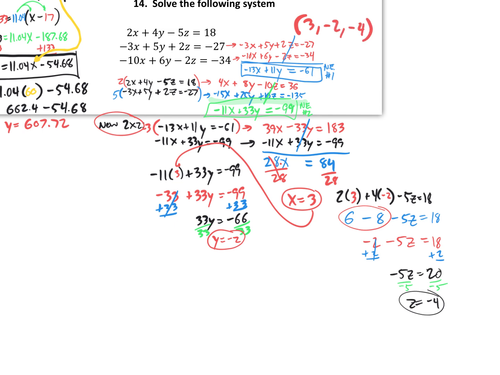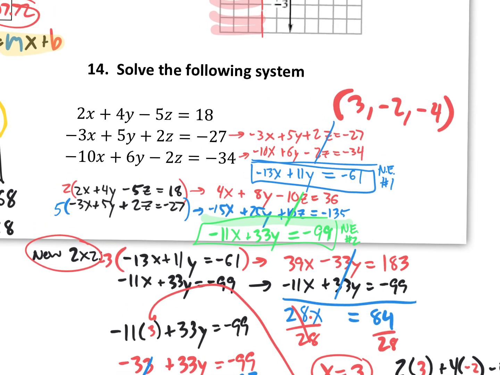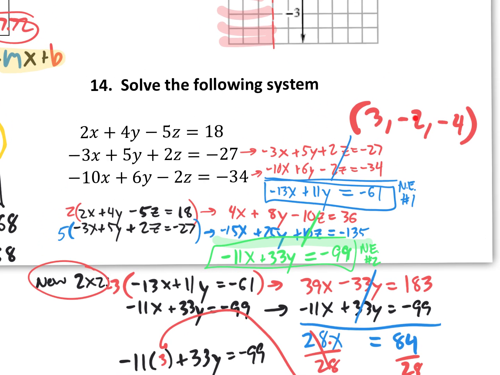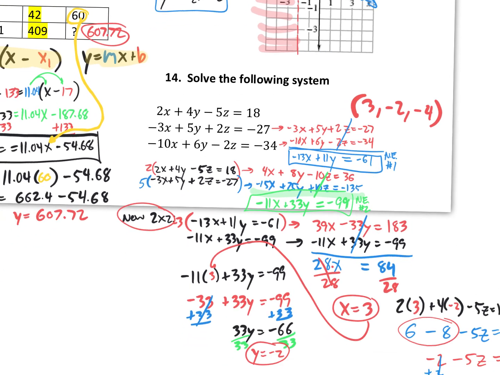That's the ordered triple. Now, of course, you could, with the calculator, type in the x, the y, and the z right here, there, and there in parentheses with the calculator. Do all this side, hit equal, and it should give you 18. Same thing here, hit equal, it should give you negative 27. All you got to do is type it in with parentheses to double check your answer. So, yeah, we're done.